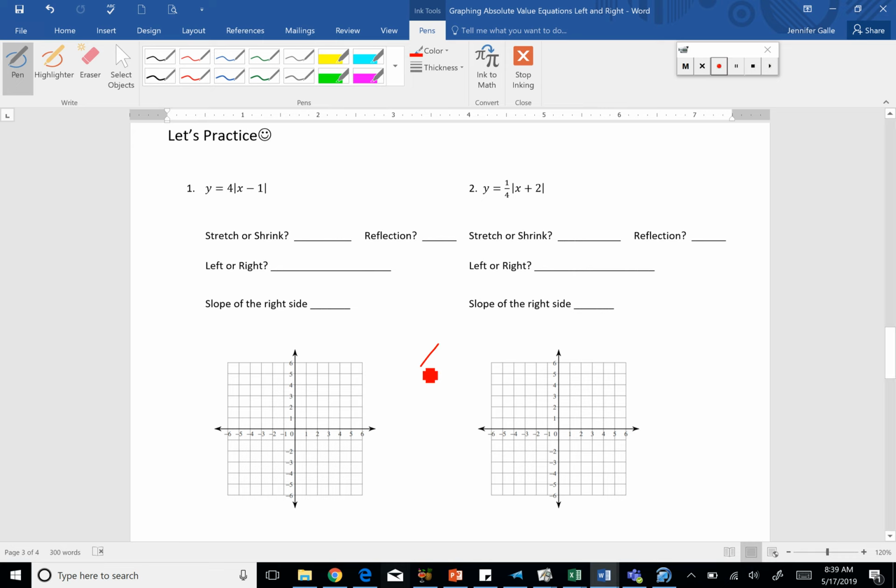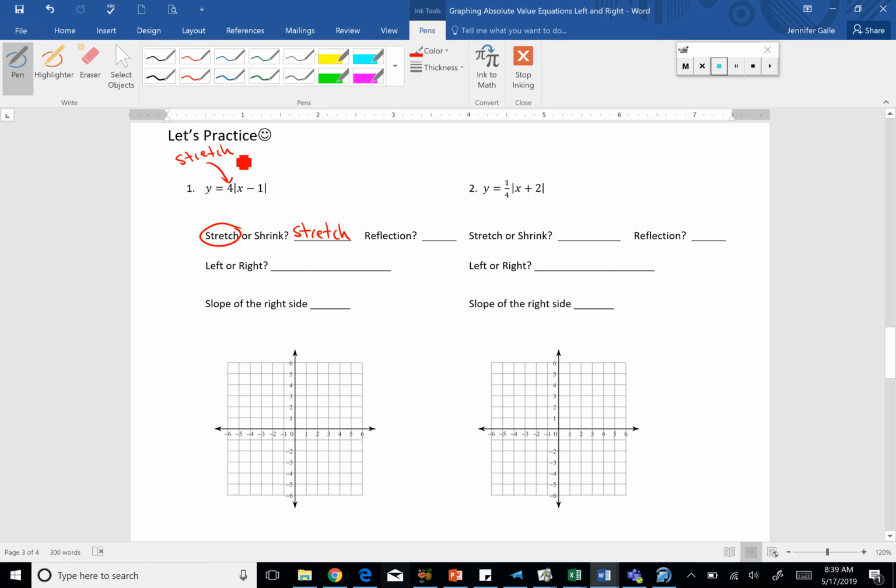The first thing I come across is I'm multiplying by 4. It's going to tell me that my graph stretches. Or if you want to just circle it, you can. What else does the 4 tell me?